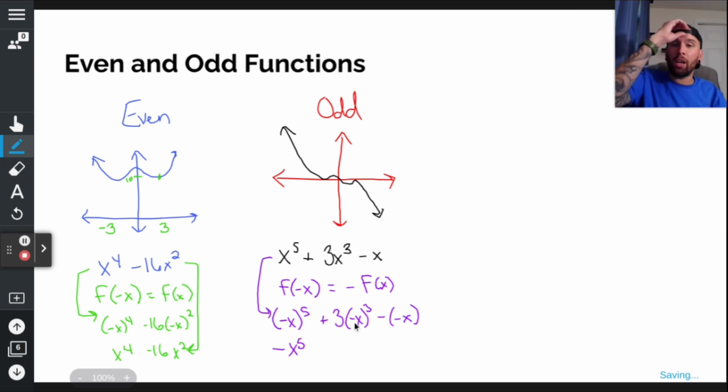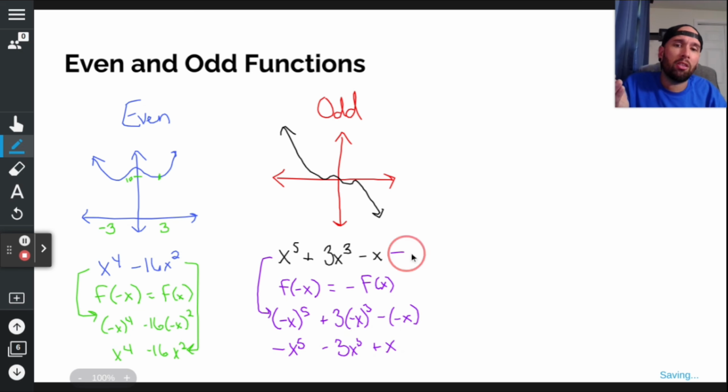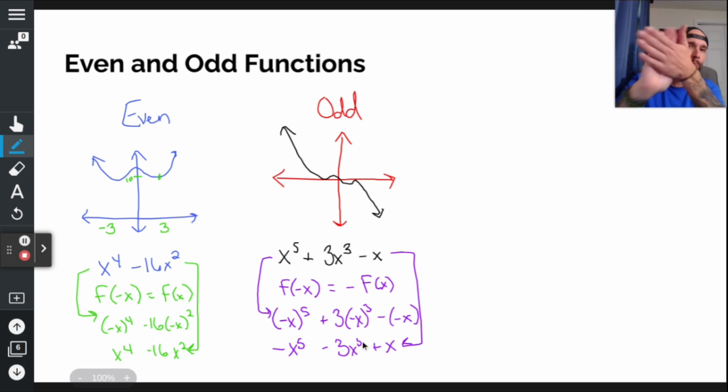Negative x times itself 3 times is going to be negative x to the third. Multiplied by 3 is negative 3x to the third. A double negative is a positive. Is this the complete opposite of that? Positive became negative, positive became negative, negative became positive. That's odd.